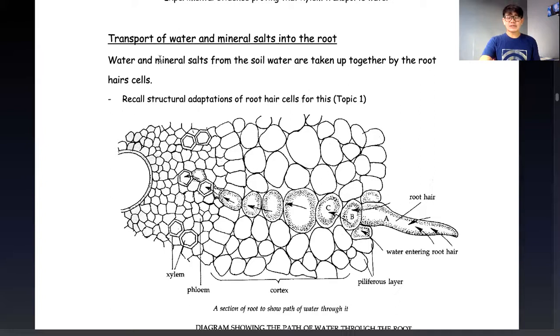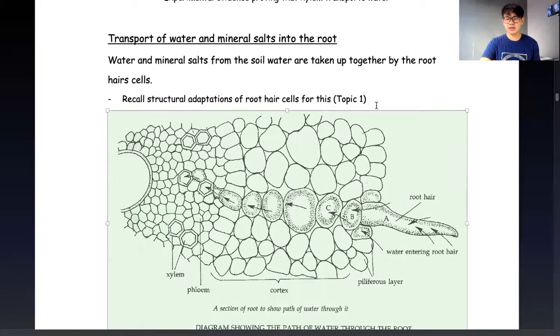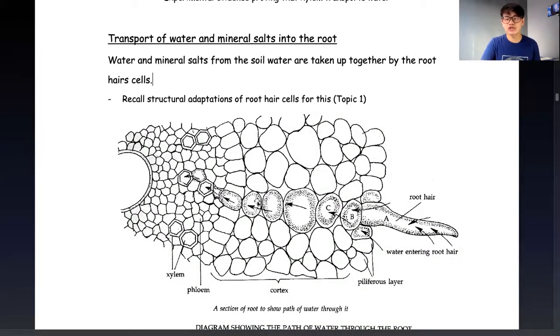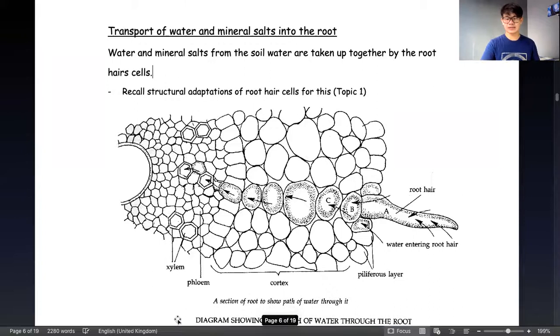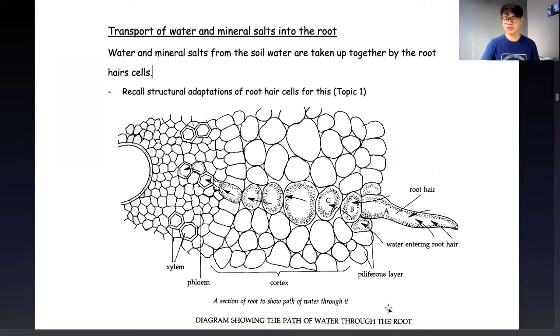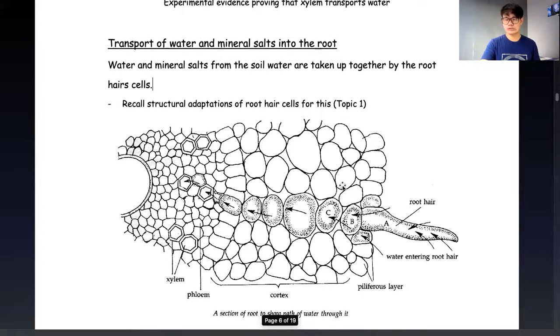As you can see from this diagram, which shows the path of water through the roots, this is how a cross section of the root should look.